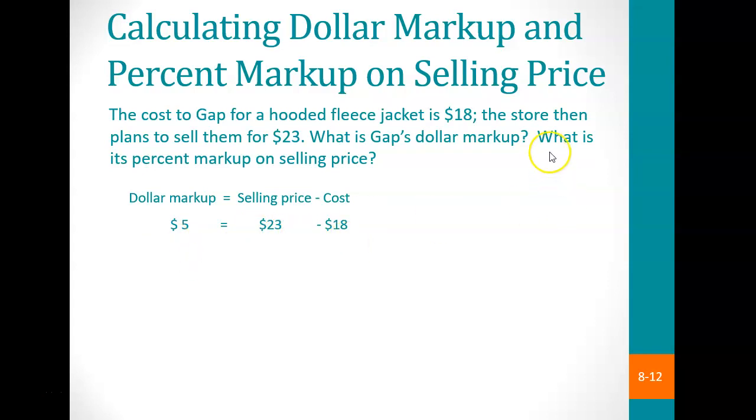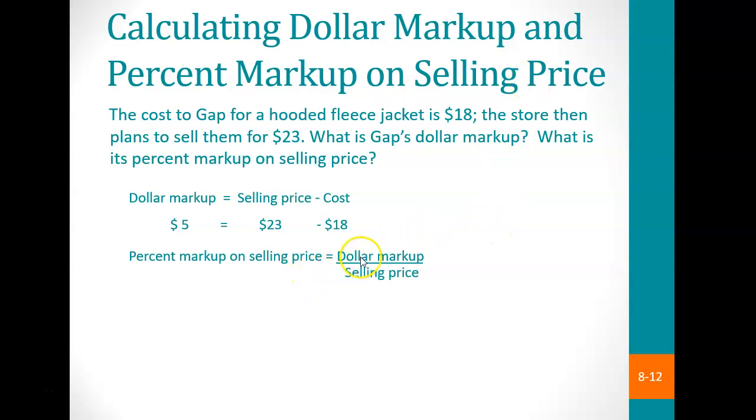But now the question is, what is its percent markup on the selling price? So to get the percent markup on the selling price, we'll take the dollar markup, divide that by the selling price. So again, this markup in this exact illustration is not based upon cost, it is based upon the selling price.